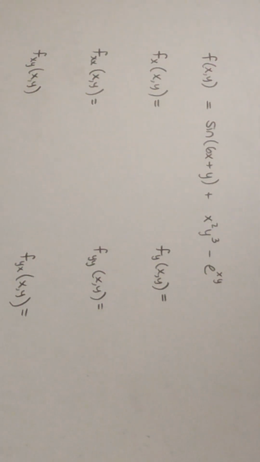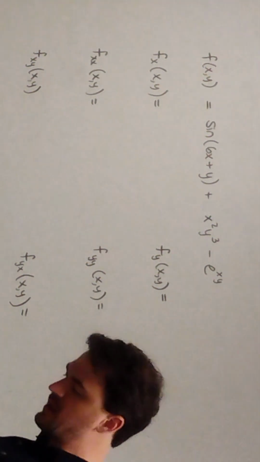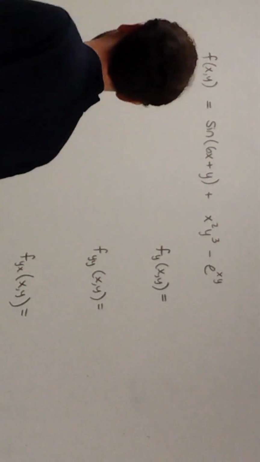Calc 1 says it's going to be cosine of, keep the inside the same, then multiply by the derivative.